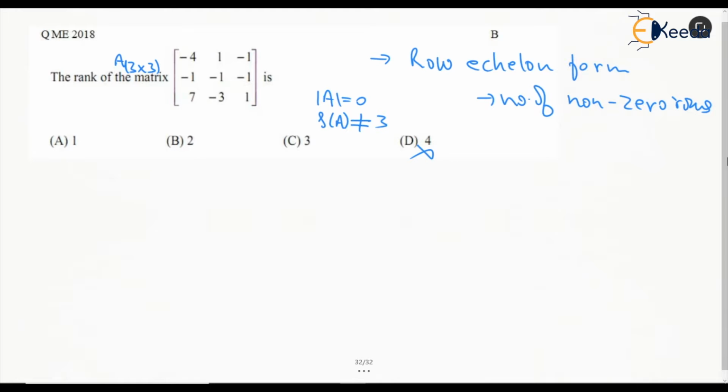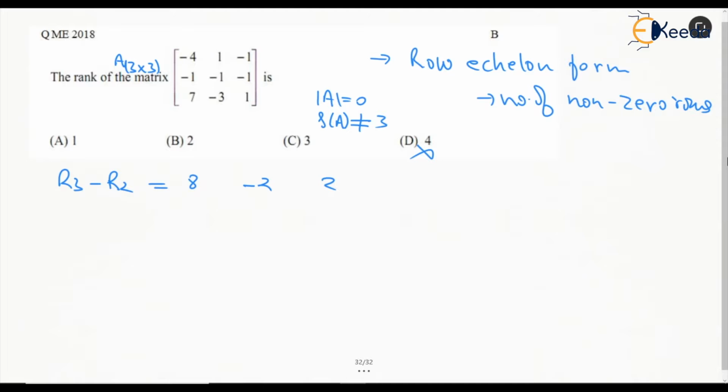What is row 3 minus row 2? Column wise, it is 7 minus of minus 1, which is 8, minus 3 minus of 1, which is minus 2, and 1 minus of minus 1, which is again 2.